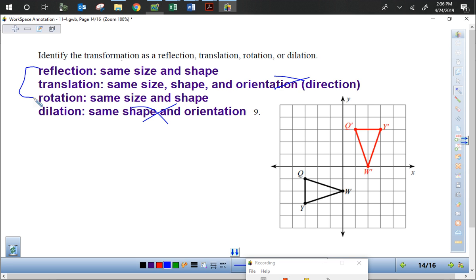So start with a point. I'll start with W here, and let's connect it through the origin. So from here to here, that forms a 90 degree. Let's check the next one. Q to Q prime, that's not 90 degrees. As soon as that happens, we are not rotating here, as soon as they don't match. That means this has to be a reflection.